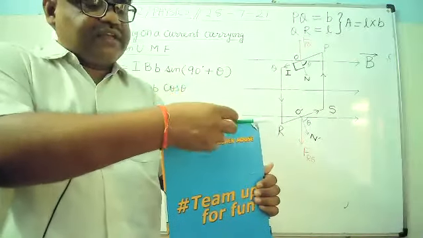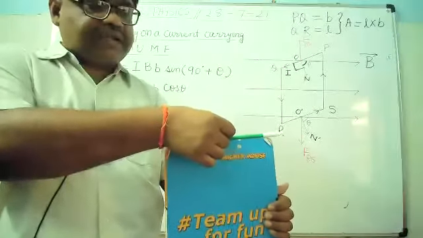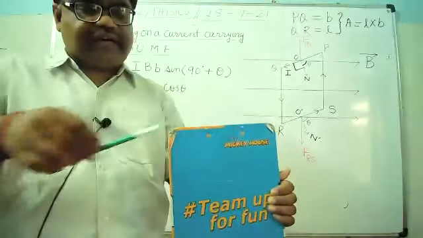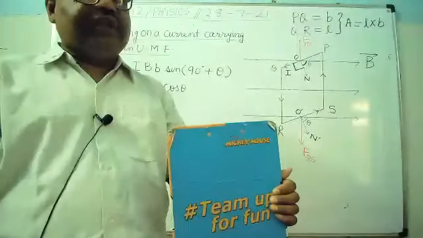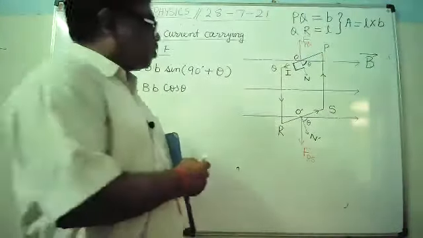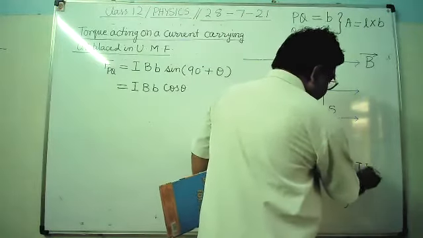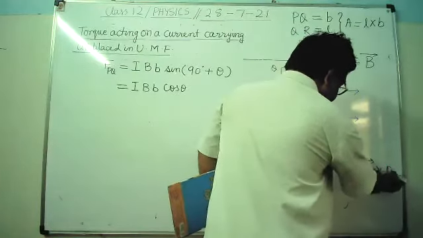This is the direction of the magnetic field, visible in the diagram, and this is the direction of the current. What will be the direction of force? The direction of force can be found using F equals vector IL cross vector B.